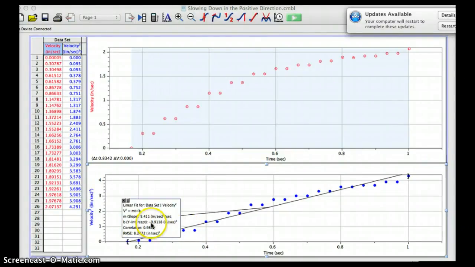So the y-intercept is negative 0.9 inches per second squared, which means that at time t equals 0, that was the velocity of the fan cart, and our slope is 5.4 inches per second squared per second, which means that is our rate of acceleration.